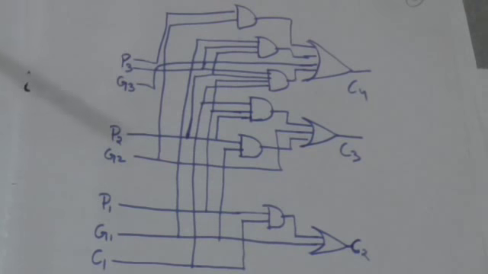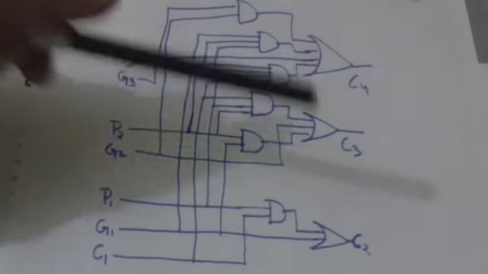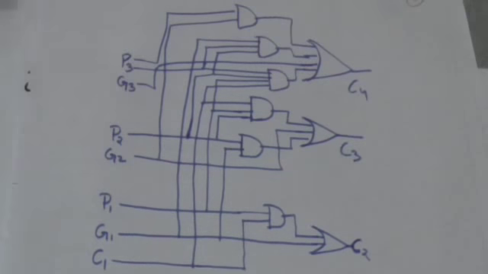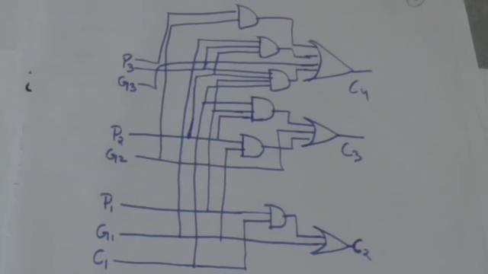This combinational circuit generates all the carries C2, C3 and C4 at the same time. Now C4 doesn't have to wait for C3 and C3 doesn't have to wait for C2.